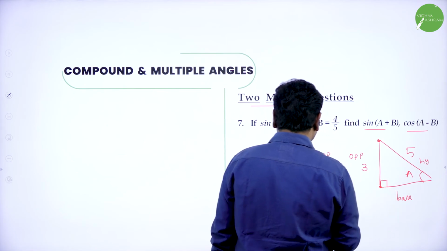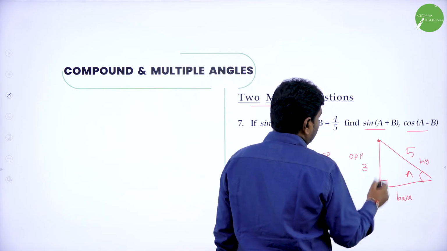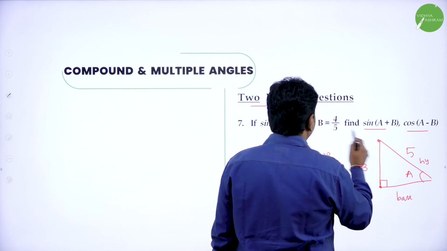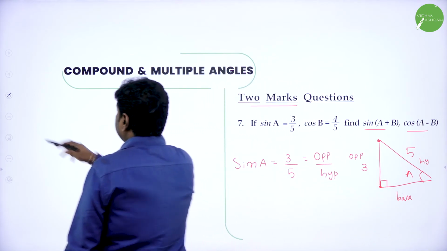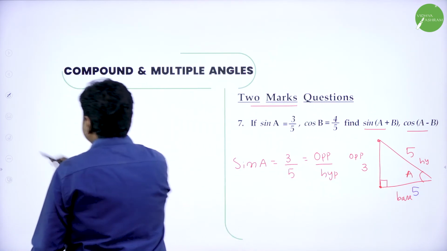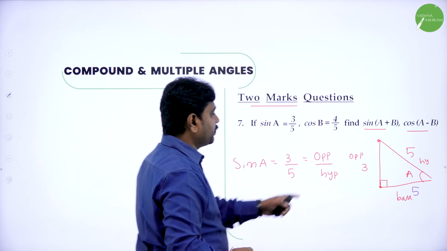And what is the base? Base is the unknown. According to Pythagorean triplets, 3, 4, 5 are the Pythagorean triplets. The missing number is what? Here I can fill 4, because 3, 4, 5 are a Pythagorean triplet, or you apply the Pythagoras theorem.